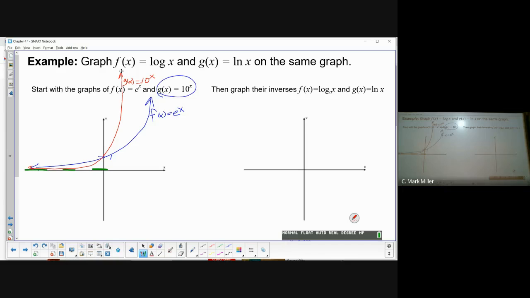Now we're going to use those, it says, to get the graphs of their inverses. Because exponential functions on the left are inverses of the logarithmic functions on the right. And you know what? We have a typo here.